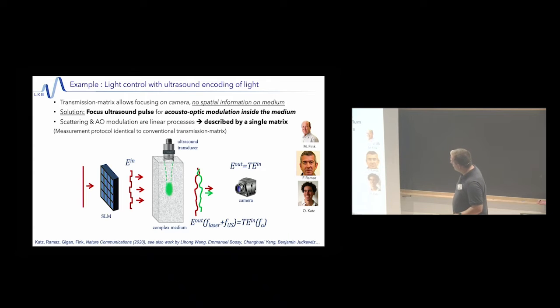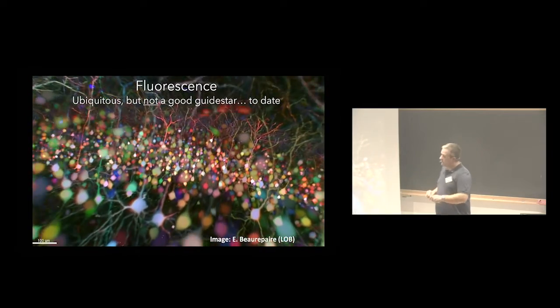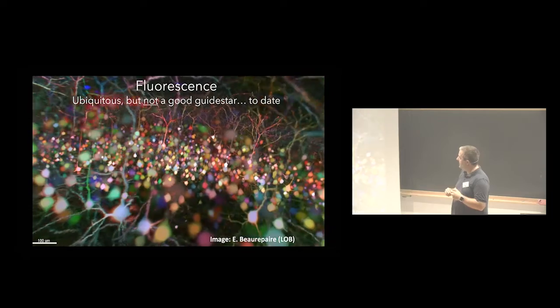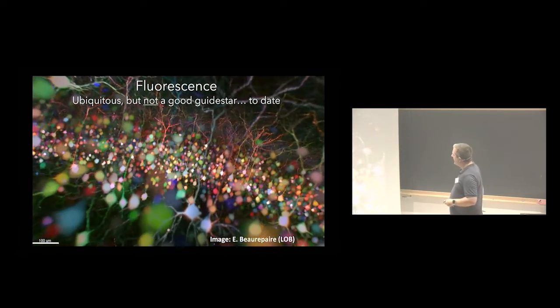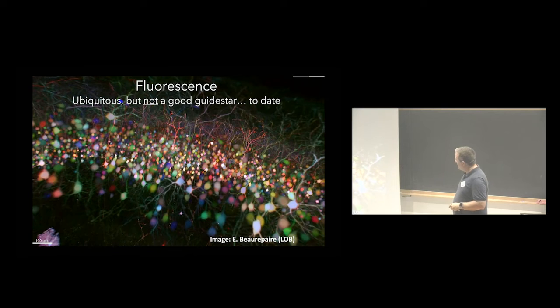What I want to talk about more today is another contrast mechanism, linear fluorescence. This is an image of so-called brainbow. It's imaging of neurons, and each neuron is tagged by a different combination of fluorophores, which gives you super nice images of a neuronal population.